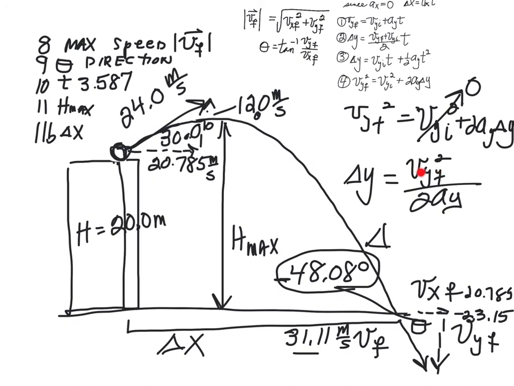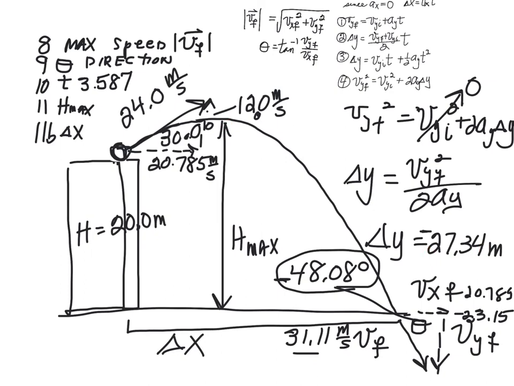And this number will be the final velocity, but it's squared, so it'll be positive. 2 times negative 9.8. You are going to get a negative delta y. The delta y that we're finding is negative, but it asks for the maximum height. So when you report it, because of the way the question is worded, you report it as a positive number. Let's just get what that number is. Okay, I got negative 27.34 meters, so the maximum height is 27.34.